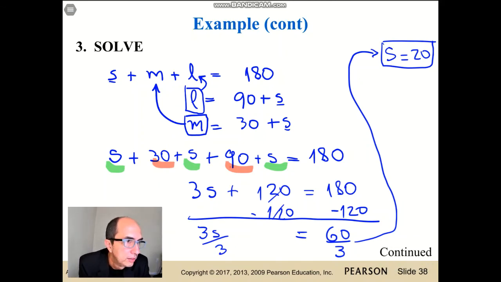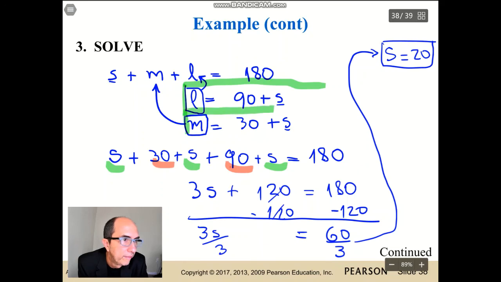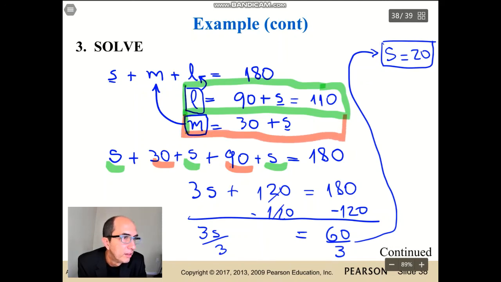Plug in here: L equals 90 plus 20 equals 110, and plug in over there to find M: 30 plus 20 equals 50.